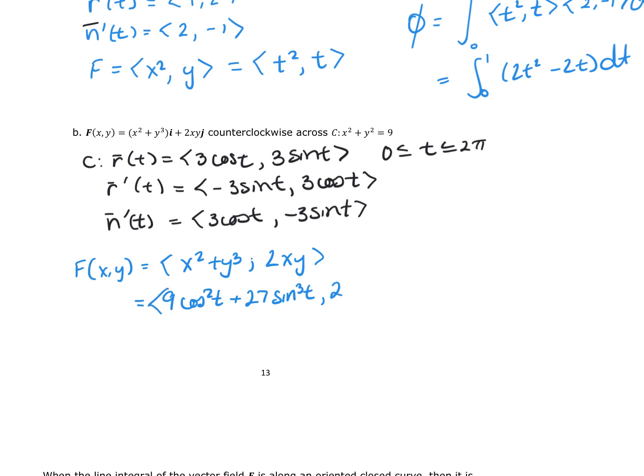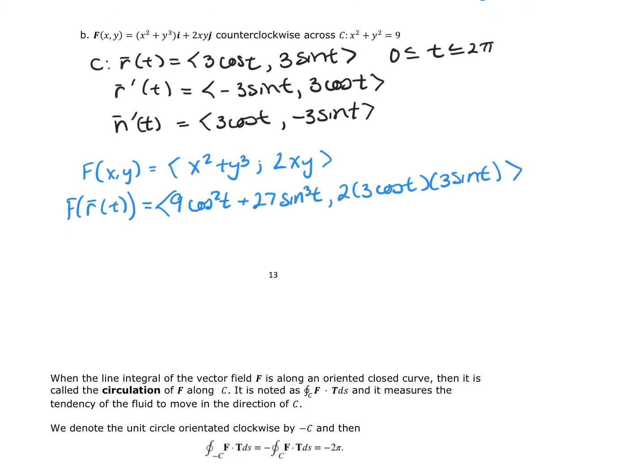And then I'll have 2 times 3 cosine of t, 3 sine of t. So now I've parameterized this as f of r of t. Now I'm ready to do my integration.